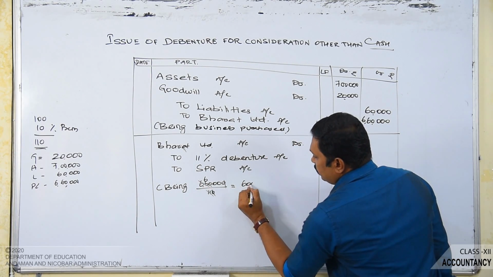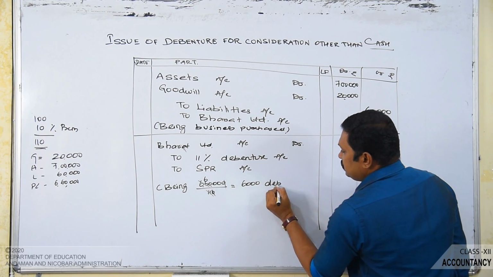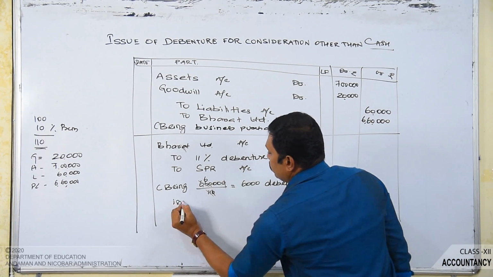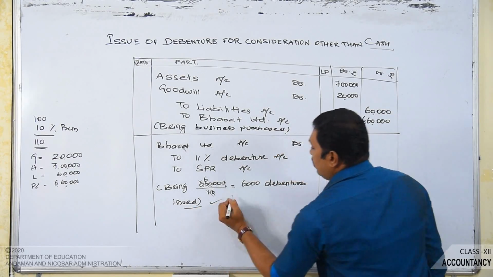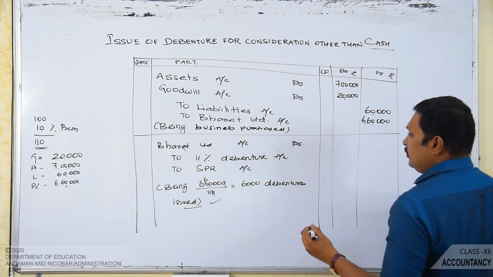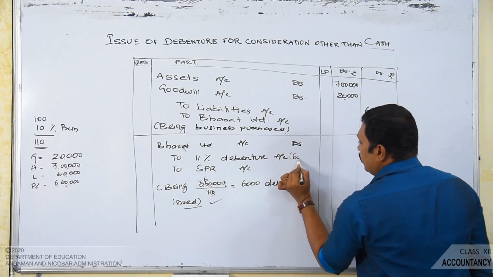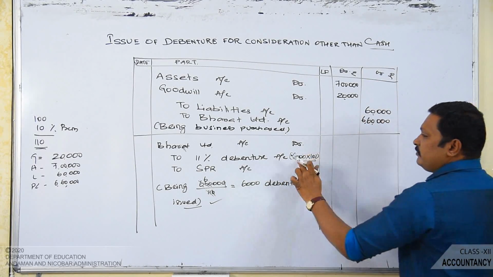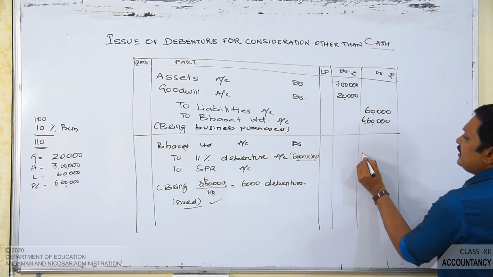So 6,000 debentures issued to Bharat Limited. Now Bharat Limited will be the debenture holder. So how to write? 6,000 into 100 face value. Always multiply the face value with the number of debentures. So 6 lakh.